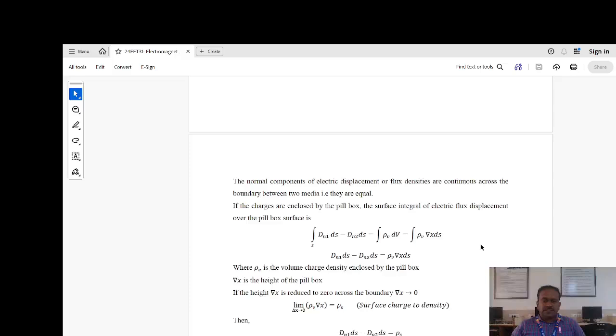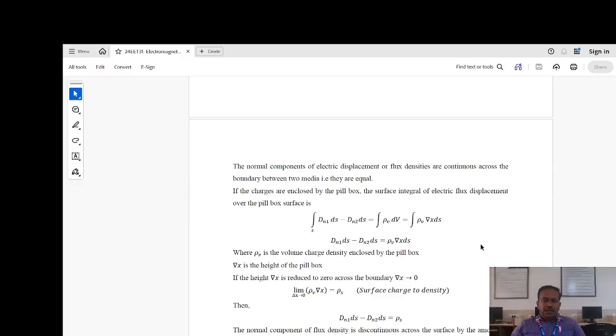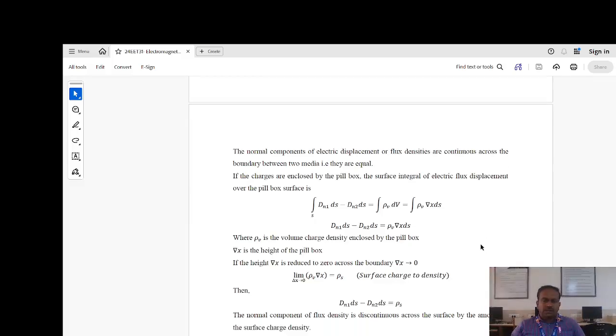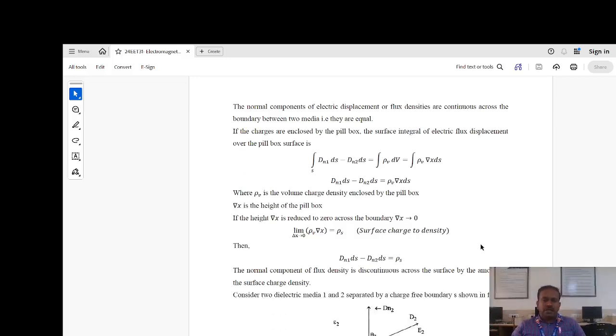If the height del x is reduced to 0 across the boundary, that is del x equals 0, then Dn1 minus Dn2 equals rho s. The normal component of flux density is discontinuous across the surface by the amount of the surface charge density.